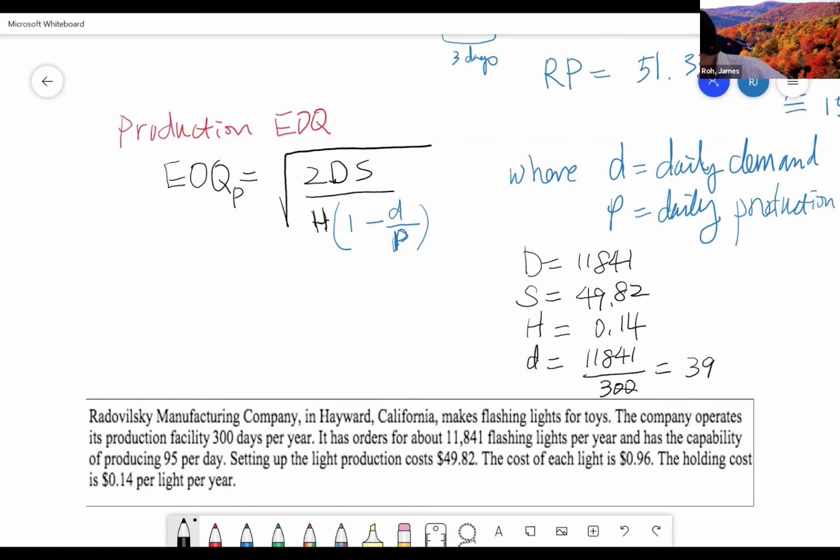I'm confused why annual demand and daily demand are the same number. No, they are not the same number. Annual demand divided by number of working days, so 11,841 divided by 300. Thank you. So again, 300 and 39.47.